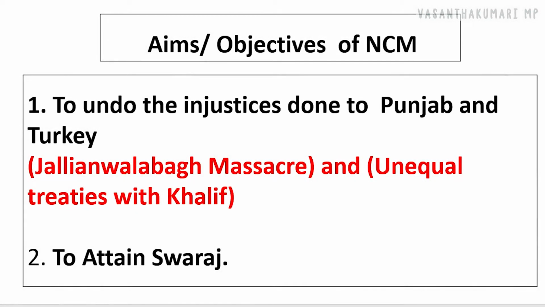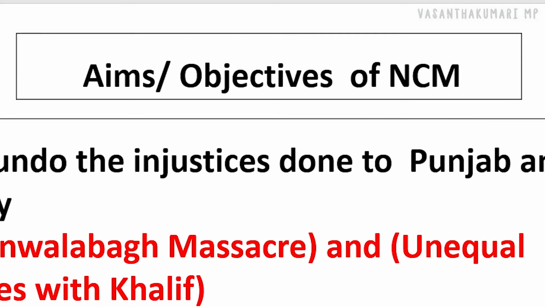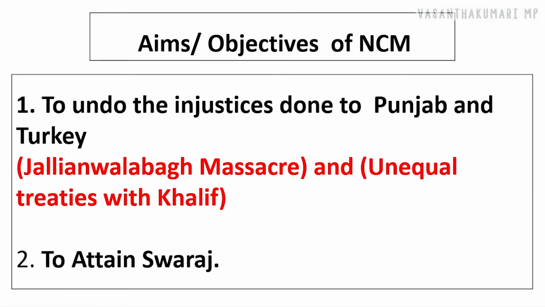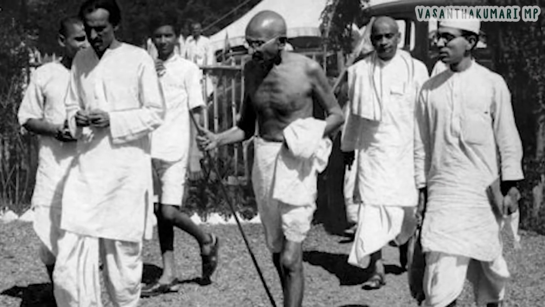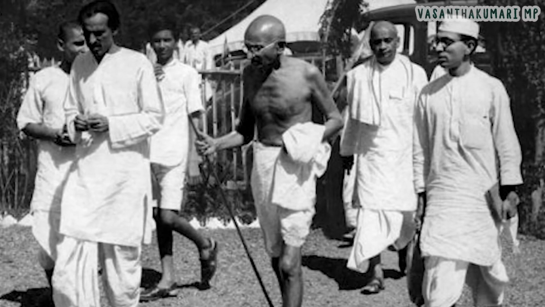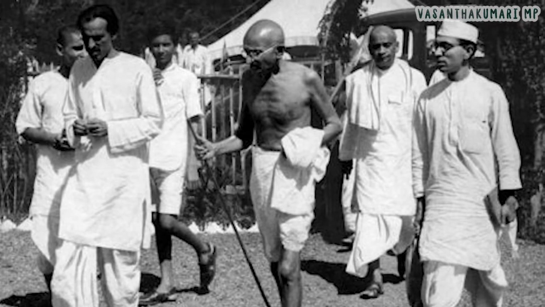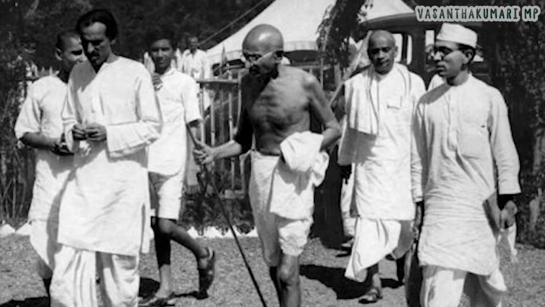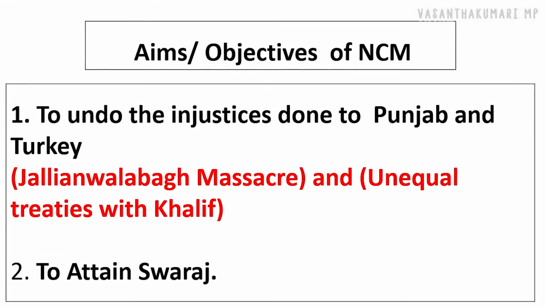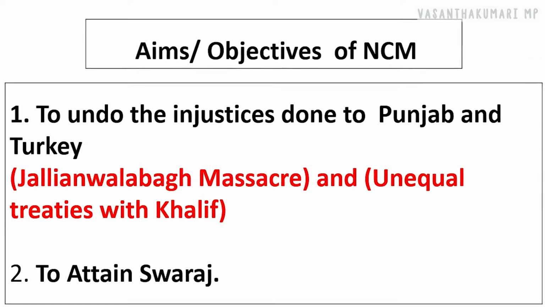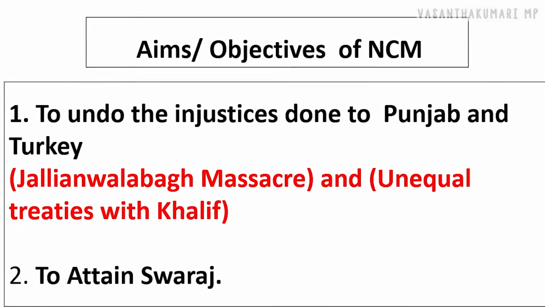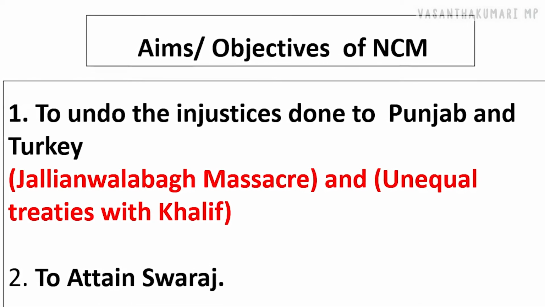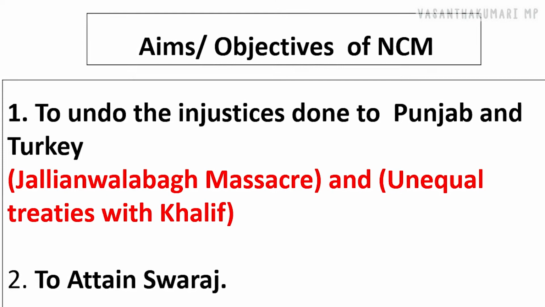Now, the aims and objectives of the non-cooperation movement. For every action, there is an aim or objective. The same is true of a movement. The aims and objectives of the non-cooperation movement were to undo the injustices done to Punjab and Turkey.